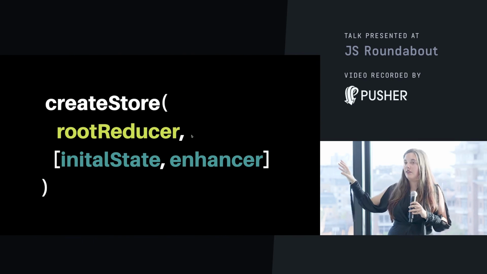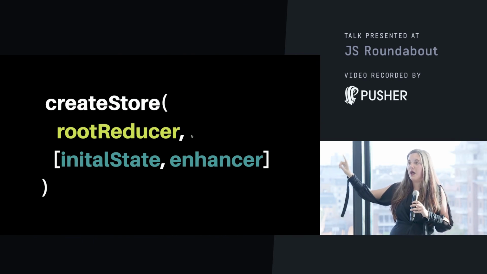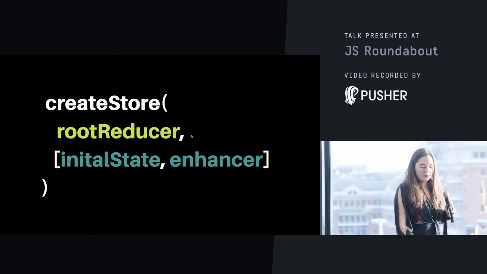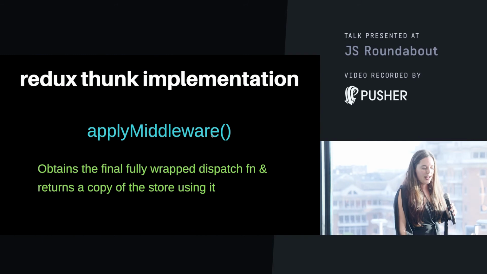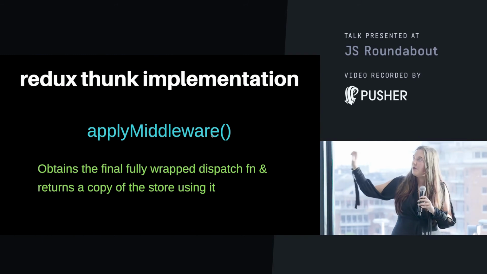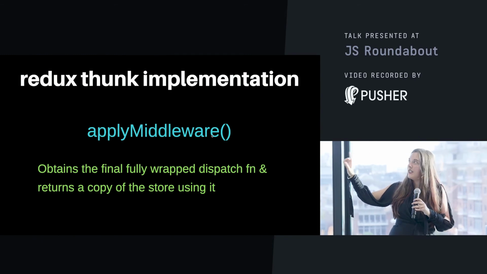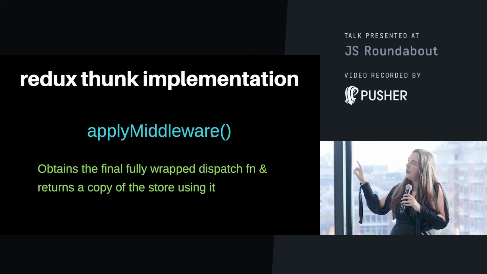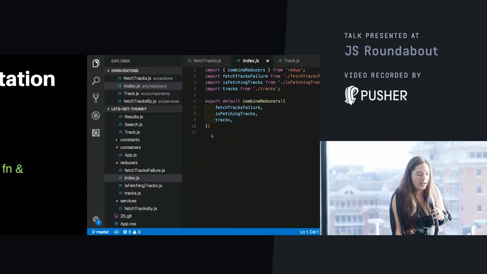And then the enhancer, and this is where the middleware comes in. So this is where it starts to get Thunk-y again. We're going to use a Redux method called applyMiddleware. Let's have a look.